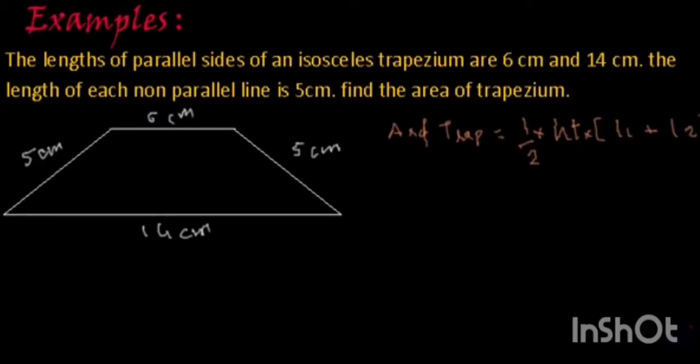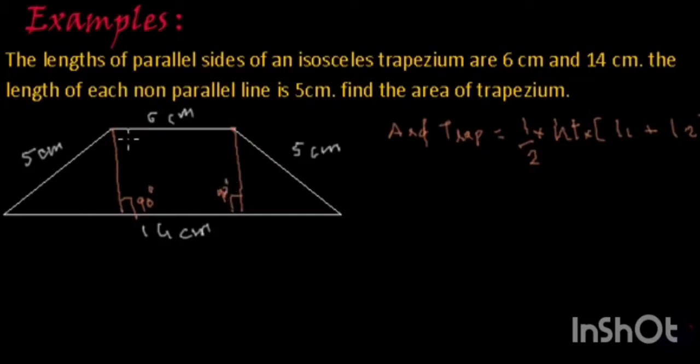Height is the minimum distance between the parallel sides. This will be the height if I draw a perpendicular from this point to the line of 14 centimeter length. That means this is 90 degrees, right? So this will be the height. Similarly, this will also be the height, so this will also be 90 degrees, right?